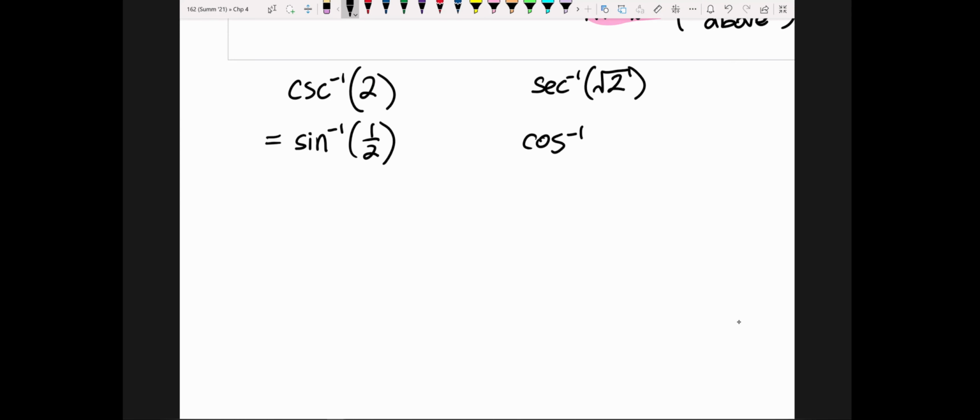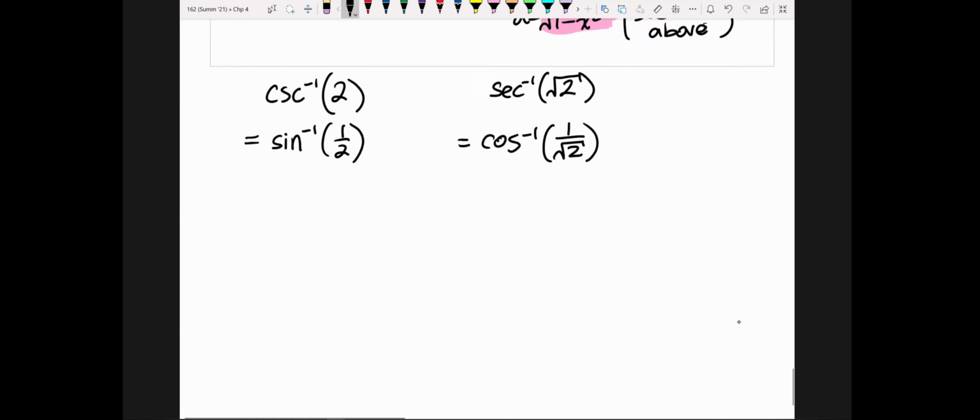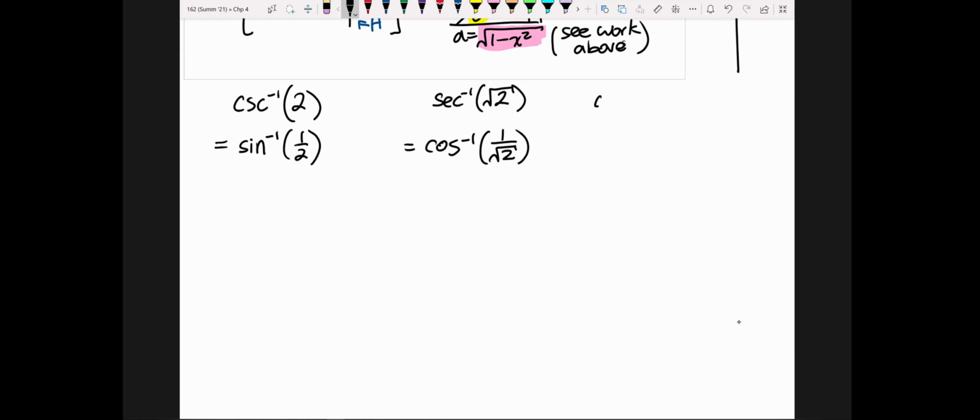That's going to be inverse cosine of 1 over root 2. Okay, thank you. Or we could even do inverse cotangent of 1. When we reciprocate 1, it stays 1. So that's inverse tan of 1. Good question. Anything else related to inverse trig functions that I can help clarify?